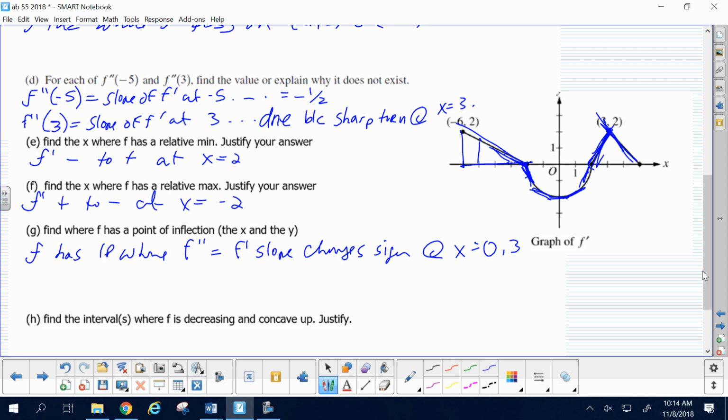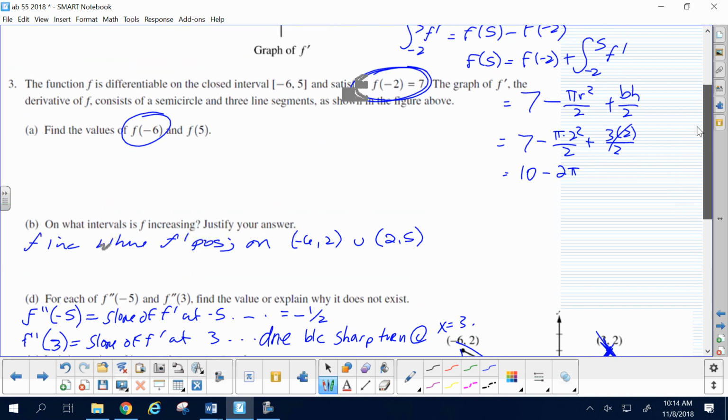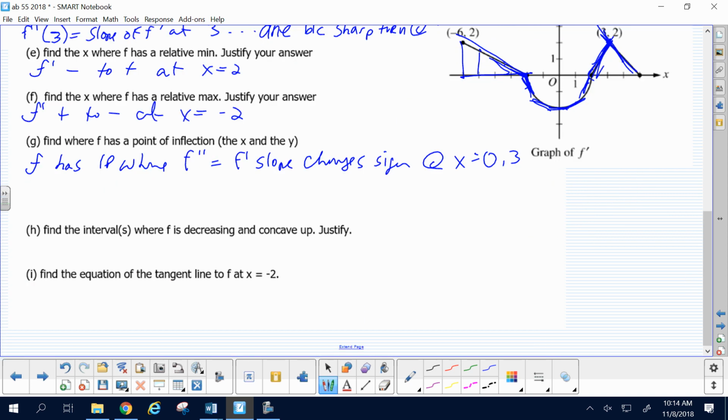The x and the y to go with it. All right. F at 0. Oh man, did we do f at 0? Have we found that yet? Oh shoot. So f at 0 by fundamental theorem. What'd you get there? I got 7 minus pi. Do you want to see where that comes from?